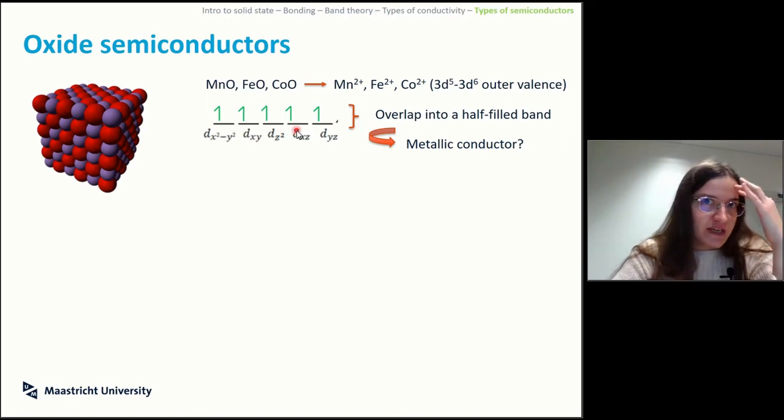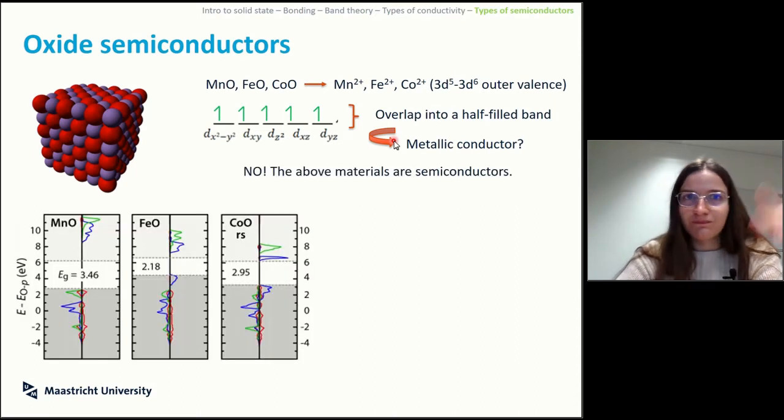if we were to stay in the same mindful arrangement as we were before, you overlap all of this. They are half-filled, so if you have 5 of this, 5 bonding, 5 anti-bonding, if you have enough of them, you make a whole band, the band is half full, your material is a metal. True? No, these materials are semiconductors.